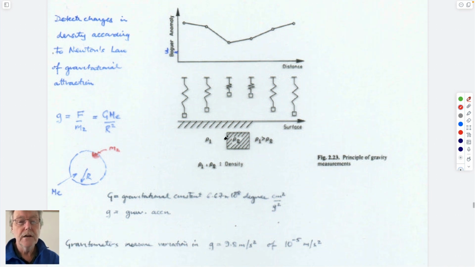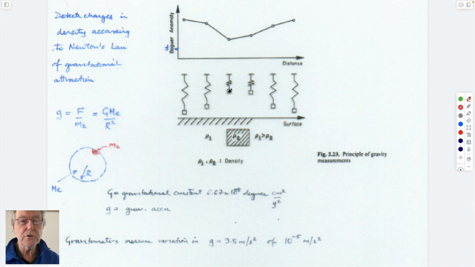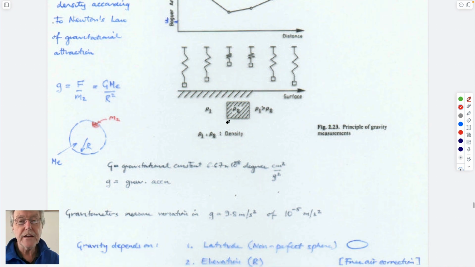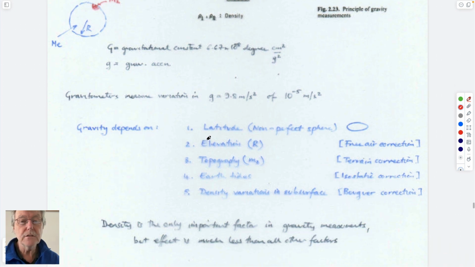The problem is that when you measure the gravitational field, it is affected by lots of things. It's affected by where you are on the planet, your latitude, whether you're at sea level or on the top of a mountain, the topography that you're on, by earth tides, and also the density at depth, which is the one signal you want to measure.